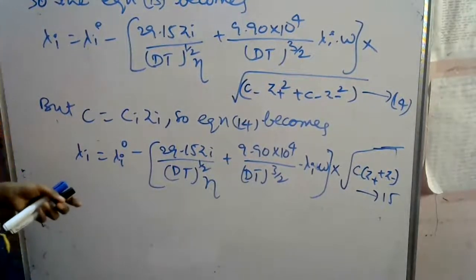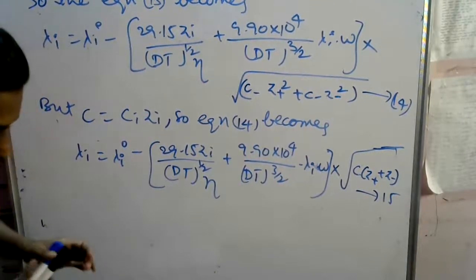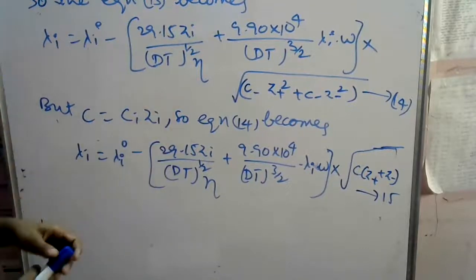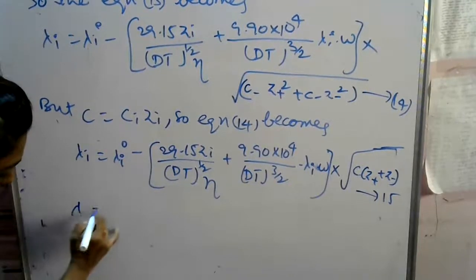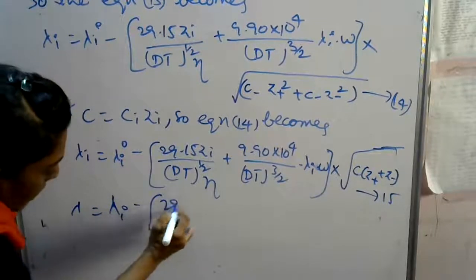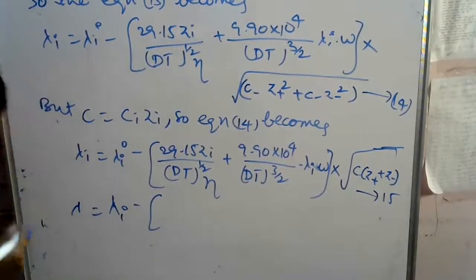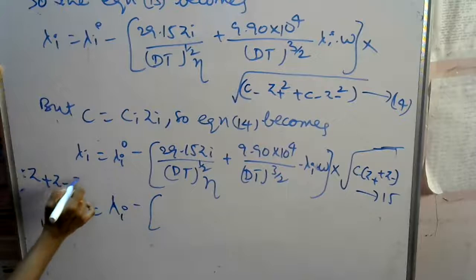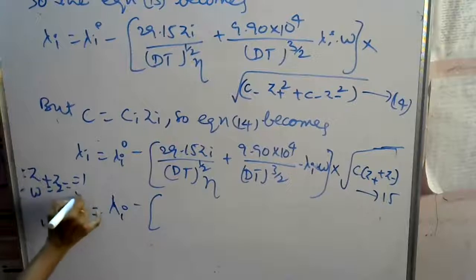Okay, no? So actually we have this one, but finally we got lambda is equal to lambda i naught minus 29.15. Finally, z plus is equal to z minus becomes 1, and here omega value becomes 2 minus root 2.